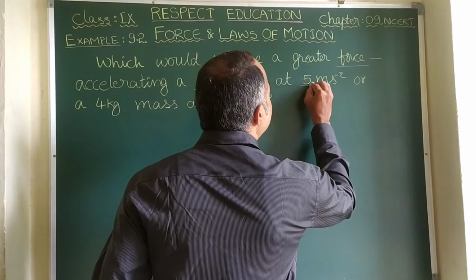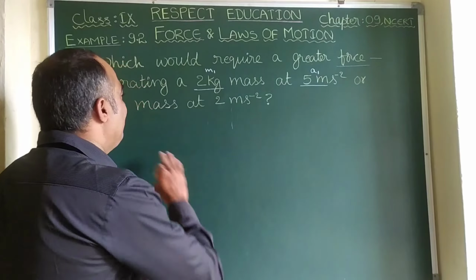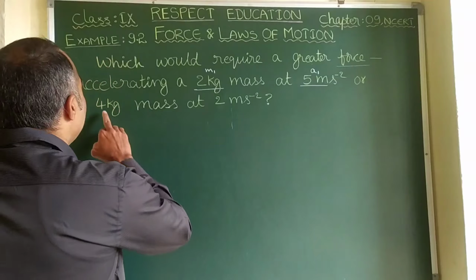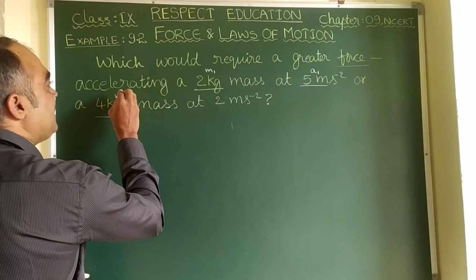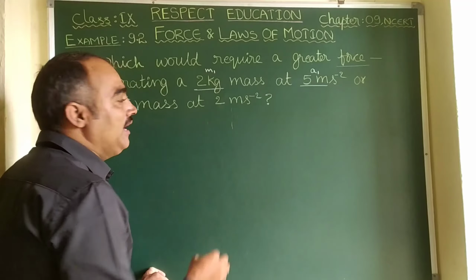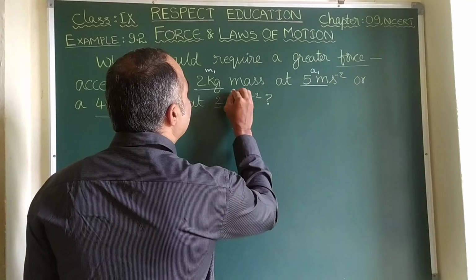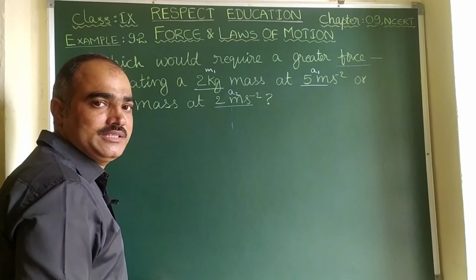And here acceleration of the first object is, for example, a1. Whereas in the second case, 4 kg is the mass of the second object, m2. Here 2 meter per second square is the acceleration of the second object.